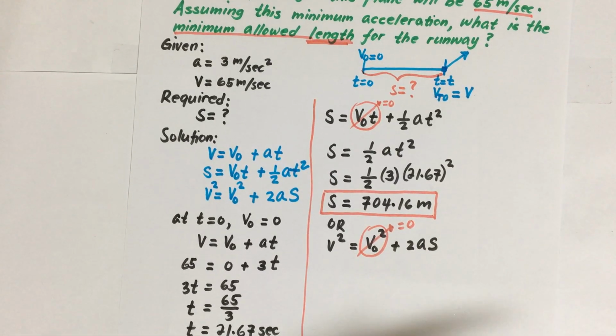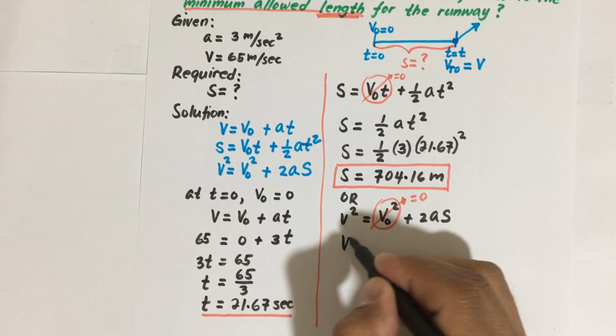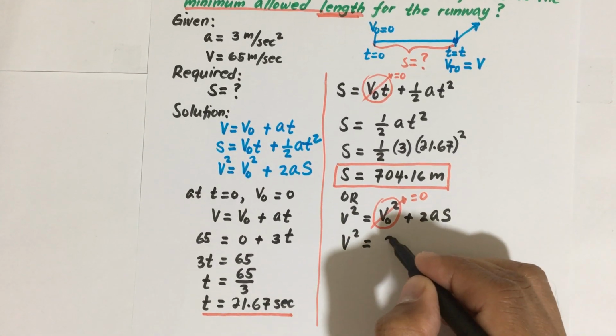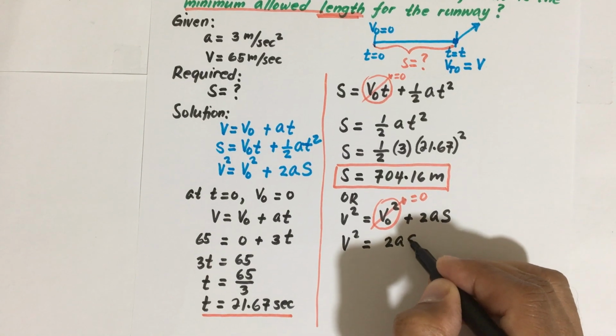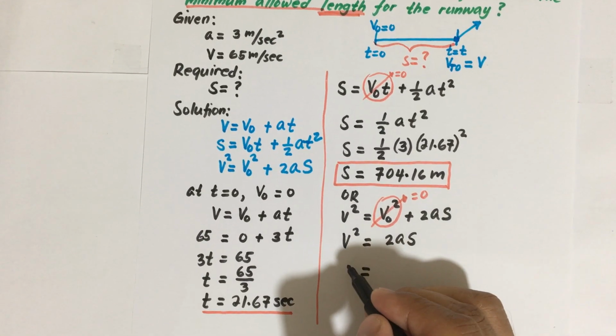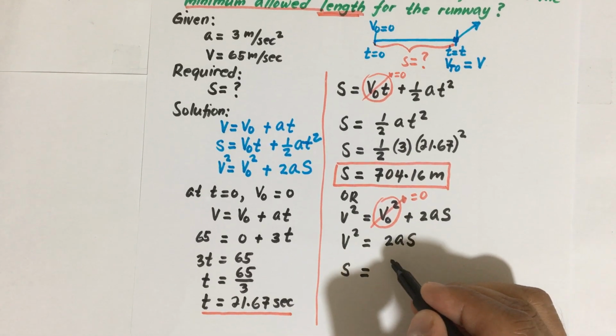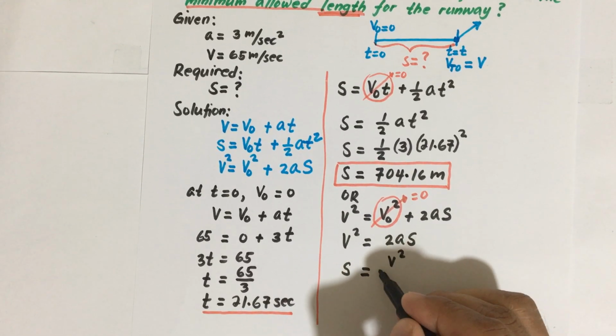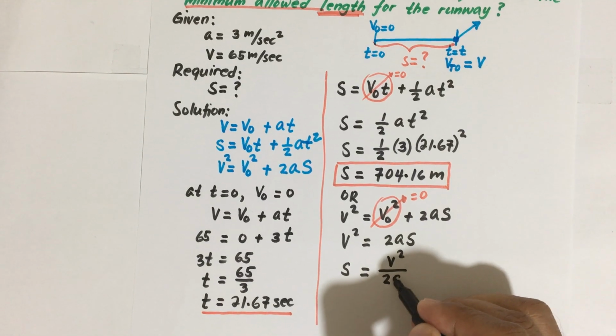What is left is v squared equal to 2as. Solving for s, divide both sides by 2a, so s becomes v squared over 2a.